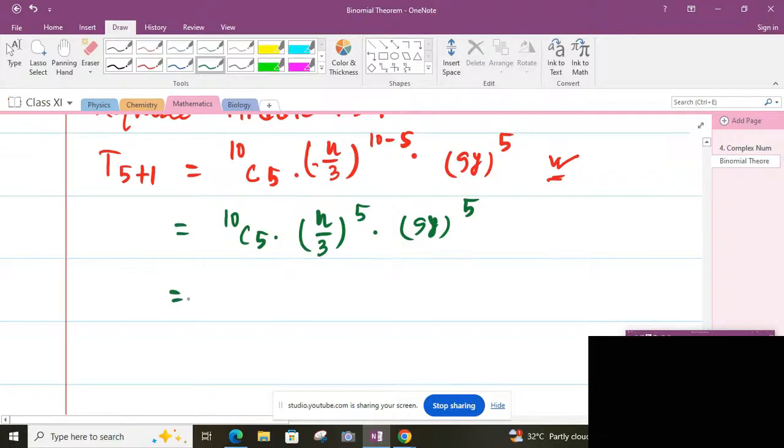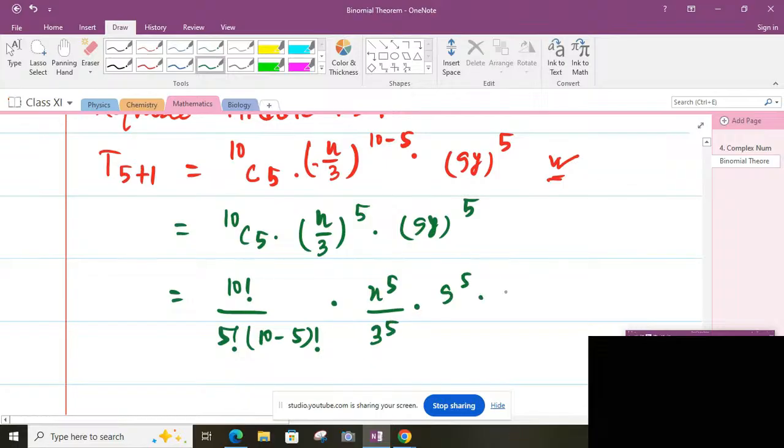So we write here factorial 10 by factorial 5 into factorial (10 minus 5), x to the power 5 by 3 to the power 5, and here 9 to the power 5 into y to the power 5.